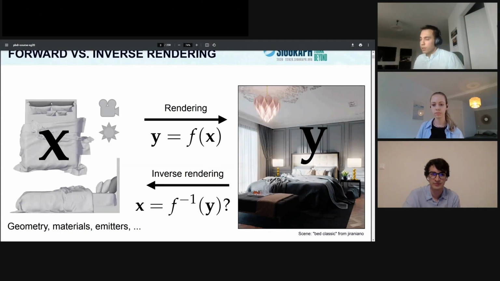The scene description contains geometry, materials, emitters, camera, etc. And we denote the scene description as a high-dimensional vector x. The goal of rendering is then to map this input into an image, which we denote as a high-dimensional vector y. And the idea of inverse rendering then becomes to try to invert this process to acquire scene description information from a given input reference image. Okay, so that's what I wanted to show from the slide.